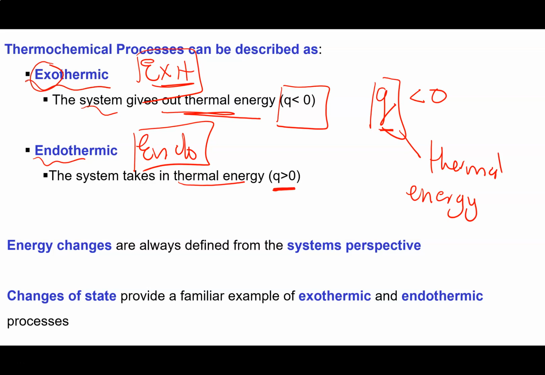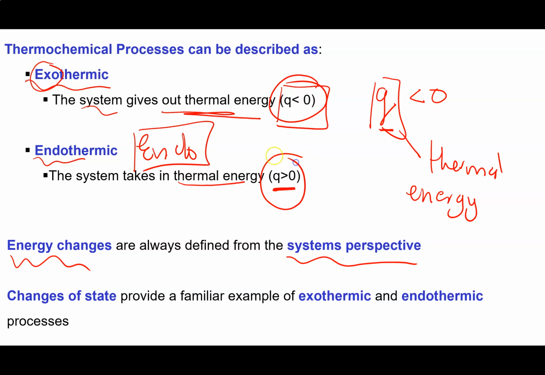Exothermic processes represent a loss of energy by the system. Endothermic processes represent a gain in energy by the system. Notice how the energy change is always defined from the system's perspective. When the system is losing energy, the energy change is less than 0. When the system is gaining energy, the energy change is greater than 0.